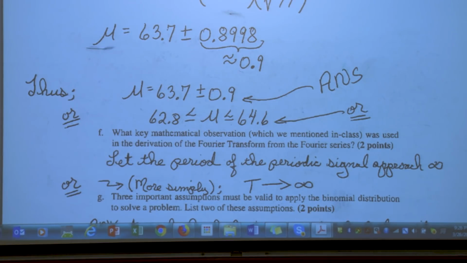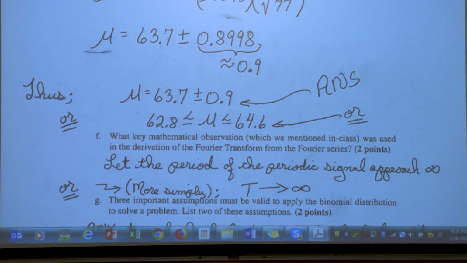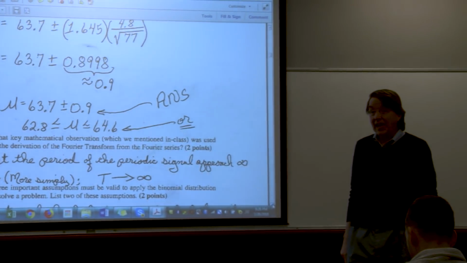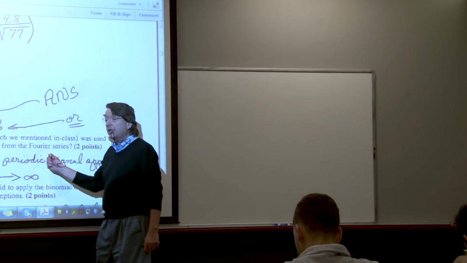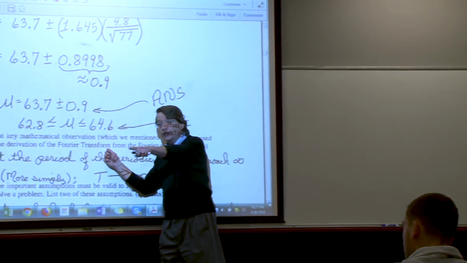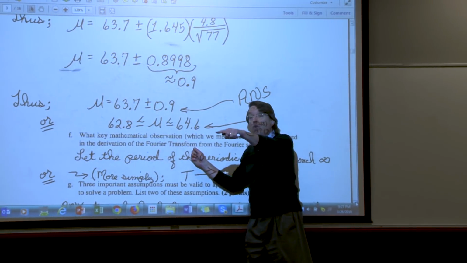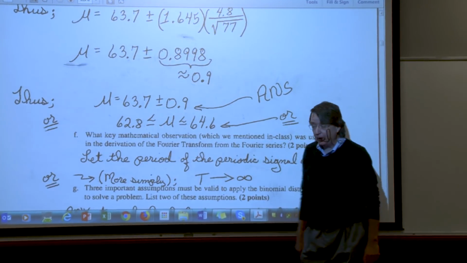And what you then get is the Fourier transform, which is great. That was a very nice way to get from what's called the Fourier series for periodic signals to the Fourier transform. What's the Fourier transform? For non-periodic or aperiodic signals.